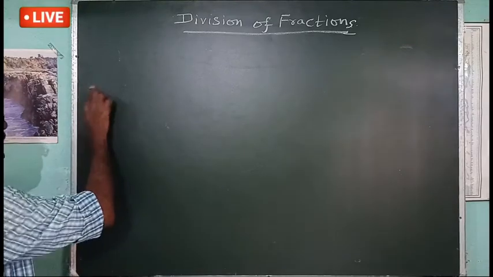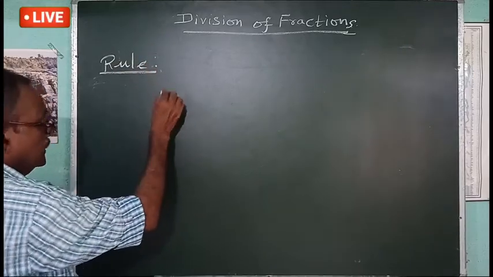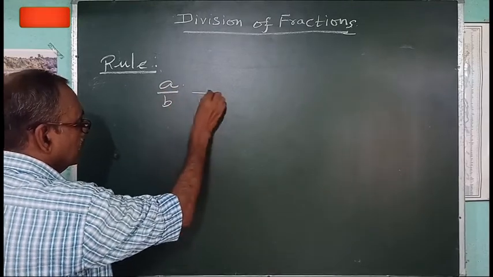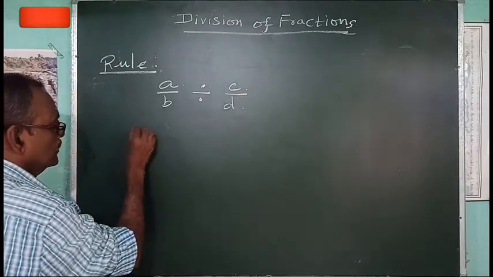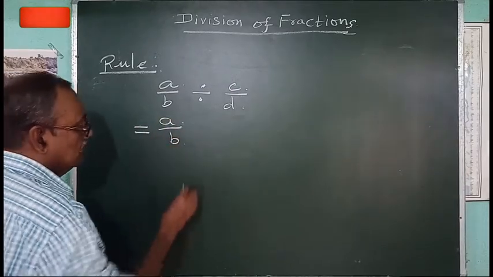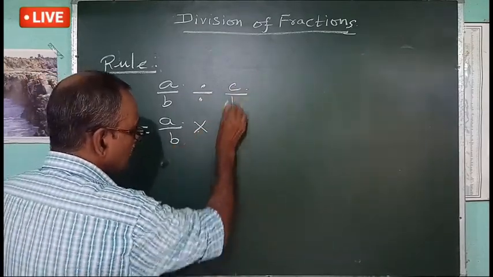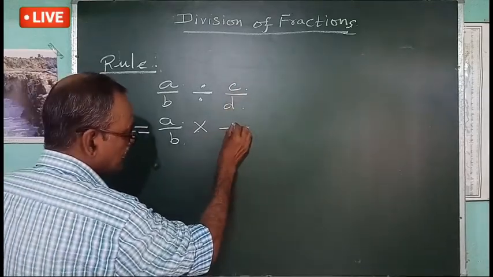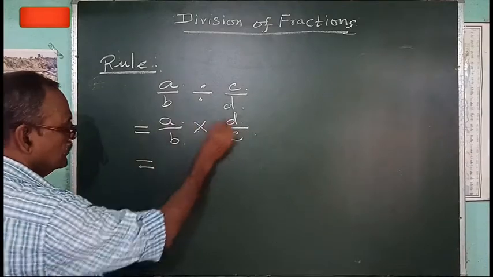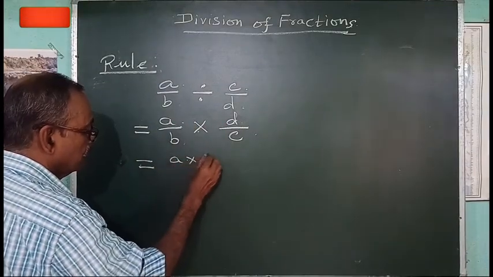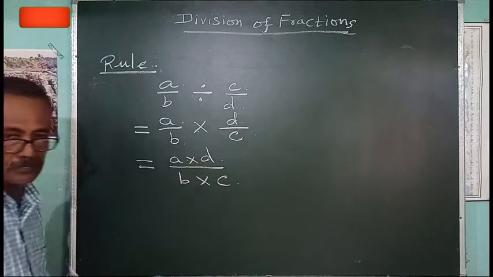So the rule for division of fractions is: A by B divided by C by D. In this case, we have to change the division sign into a multiplication sign and take the reciprocal of this fraction C by D, which comes D by C. Now you multiply numerator to numerator, A into D upon B into C. So this is the rule.